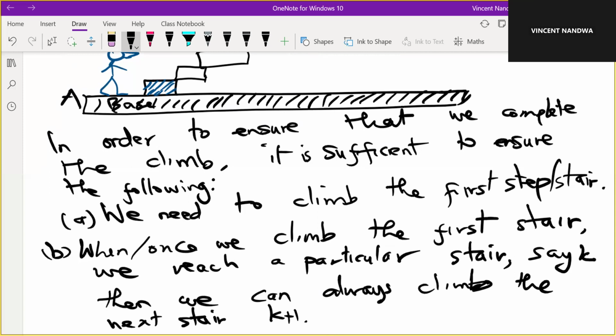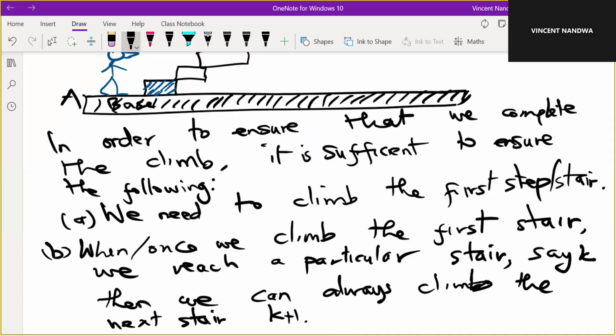Because if you have actually moved from the first stair or step, we can do that for the second stair, then it is up to a stair K. Then if you are able to move from the first to the second, then if you are at step K, we can always move to the next step K plus 1.